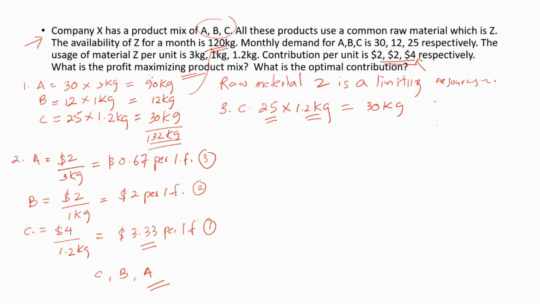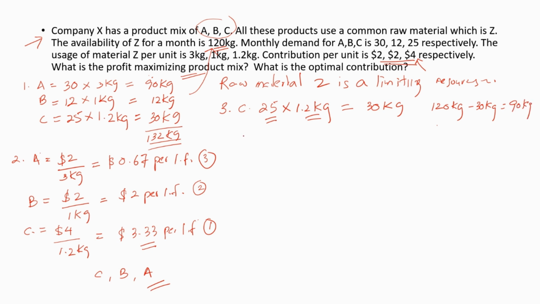So how much material is left when we produce product C? We had 120 kilograms. We used 30 kilograms to produce product C. Now we have 90 kilograms left.